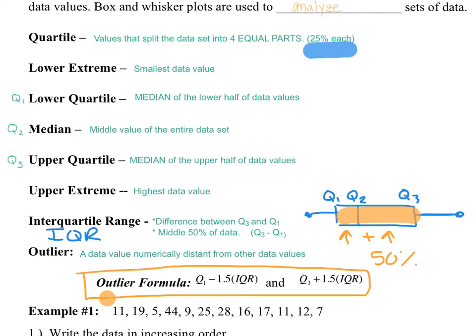In order for you to be able to find if you actually have an outlier or not, you need to be able to find your IQR, so Q3 and Q1. For an outlier from the bottom half, you're going to do Q1 minus 1.5 times your IQR, and for an outlier on the top half of your data, you're going to do your Q3 plus 1.5 times your IQR.